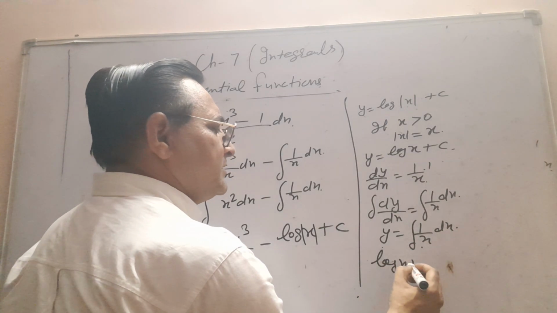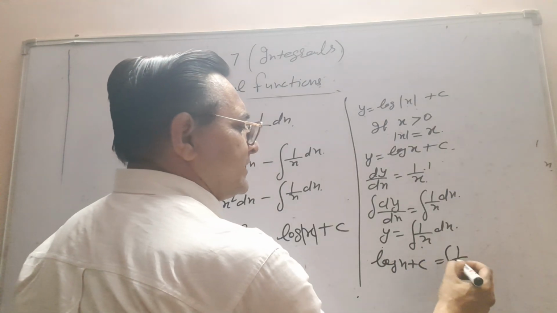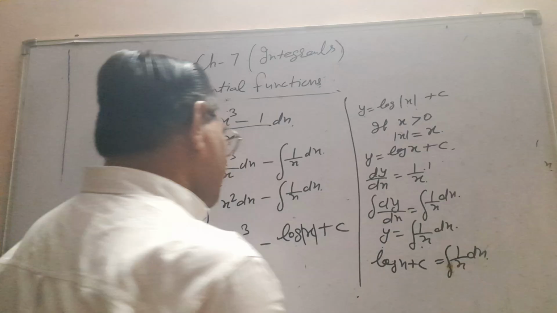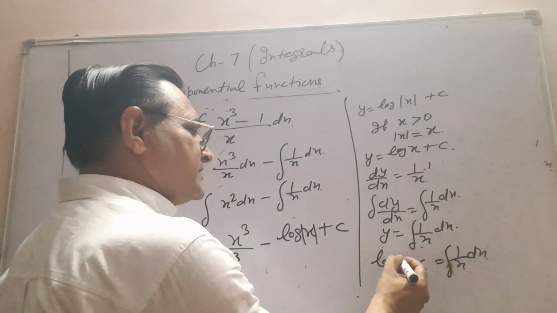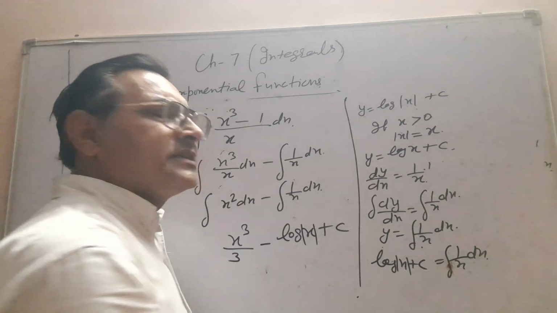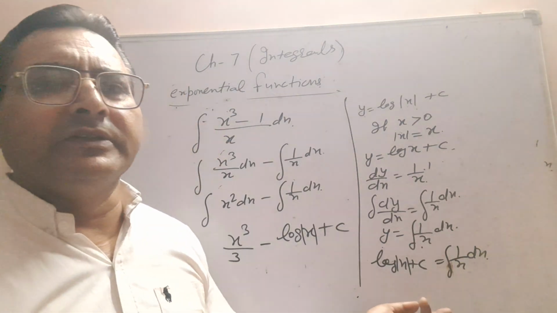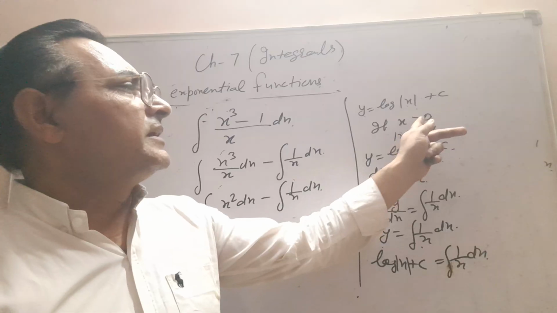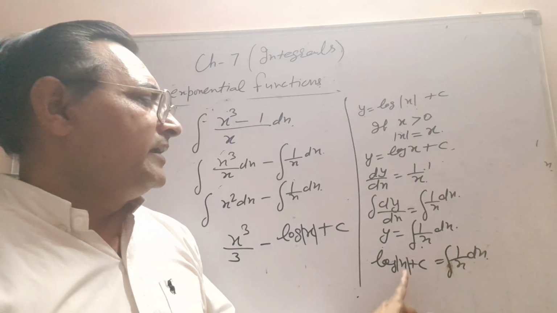Log x plus c is equal to integral of 1 by x dx. In this case, integral of 1 by x dx is log of modulus x. Modulus x means that if there is a negative value inside the modulus, it is counted as positive. But here we are taking the case of positive values, x greater than 0. So we can write here modulus x.